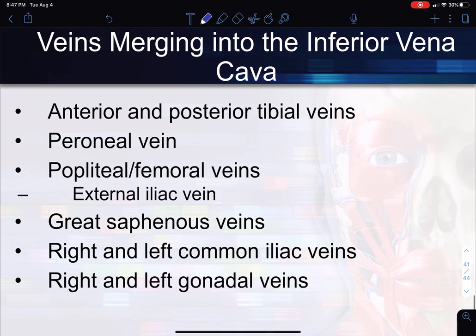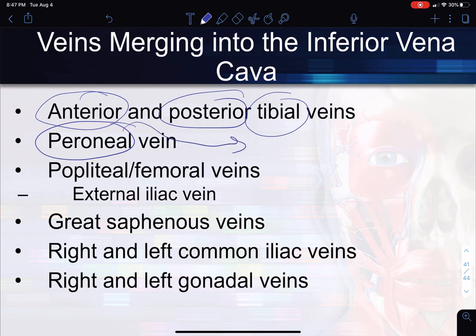All right, veins in the lower extremity. So we have the anterior and posterior tibial veins, named tibial because they run right along the tibia bone. We have the peroneal vein. Anything peroneal, this is old terminology, should be changed to fibular, because it runs along the fibula bone.